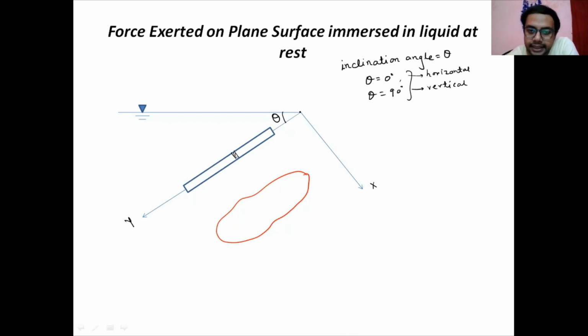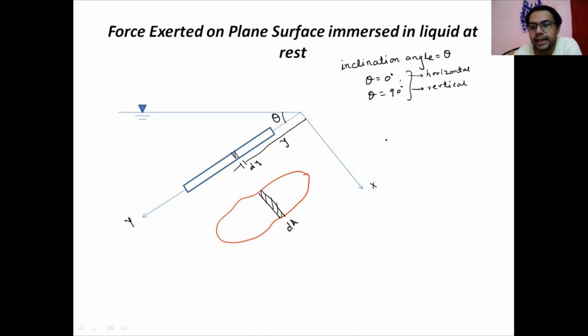So from the x-axis, at distance y, you consider one dy element. In cross section, it looks like this. That is nothing but dA, the small area.